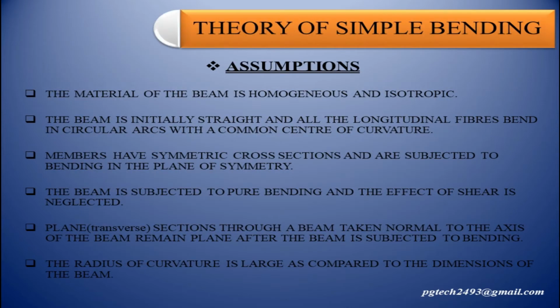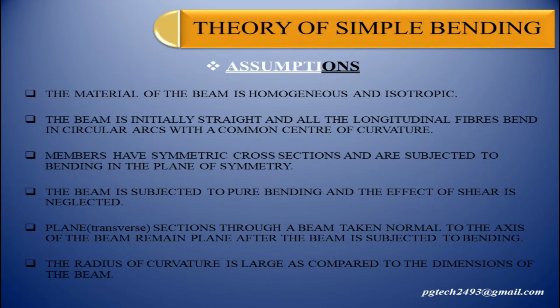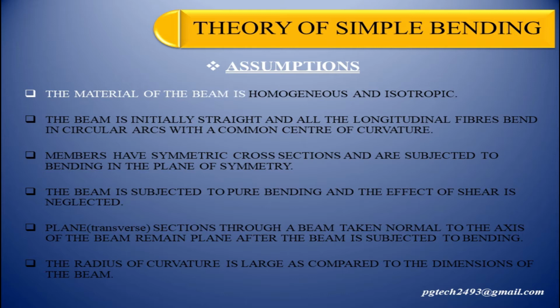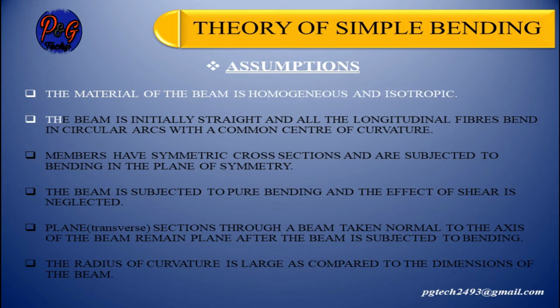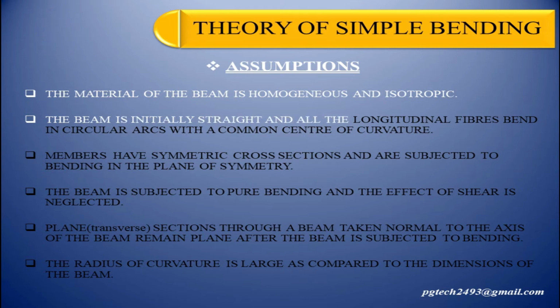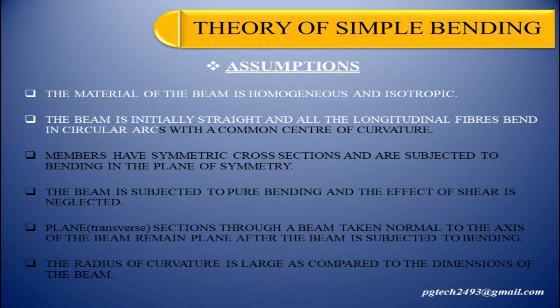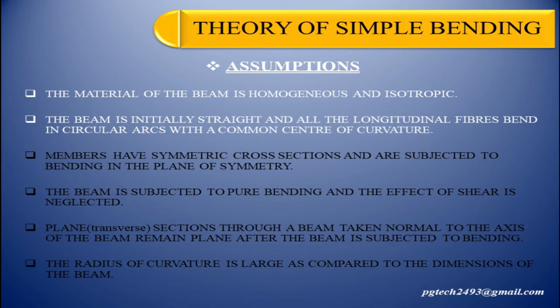Theory of simple bending. Before discussing the theory of simple bending, let us list the assumptions made in the theory. First, the material of the beam is homogeneous and isotropic. Second, the beam is initially straight and all the longitudinal fibers bend in circular arcs with a common center of curvature.